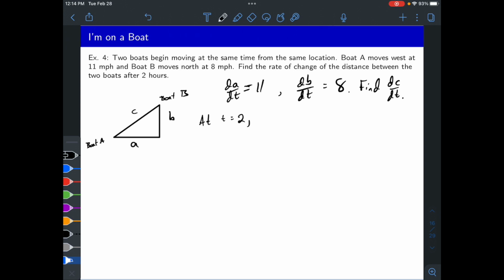At a time of 2 hours, we can also say what A and B are equal to. Here, A is increasing by 11 miles per hour, and they're starting at the same time from the same location, right? So A is going to be equal to 22, just 11 times 2, and B is going to be 8 times 2, which is 16.